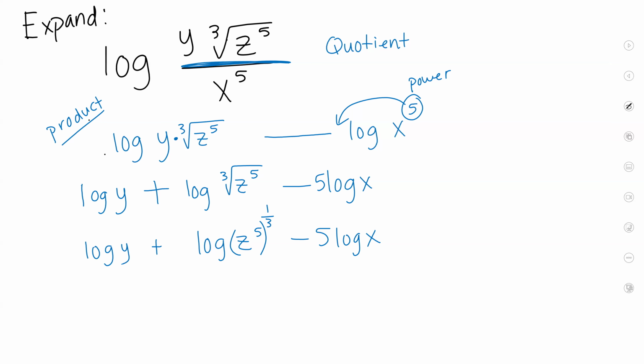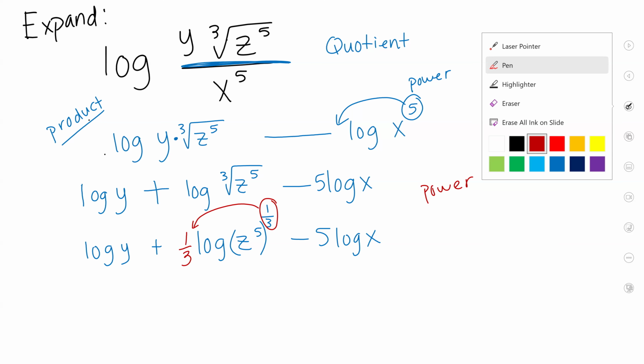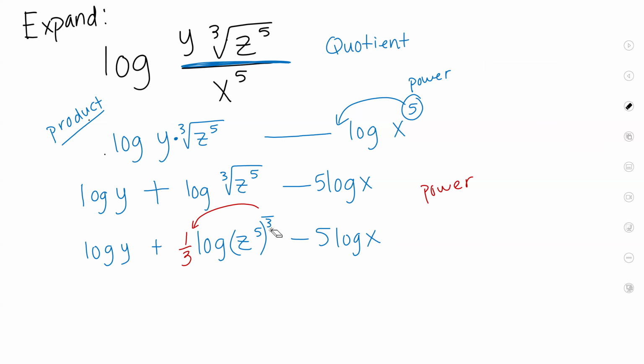Guys, I'm going to use the power property again. This 1/3 can come to the front. So I'm going to write it right here. With the 1/3, I'm going to put it in the front. Oh, and I can use the power property again. Look, I have a 5 right here. I'm going to bring that to the front.